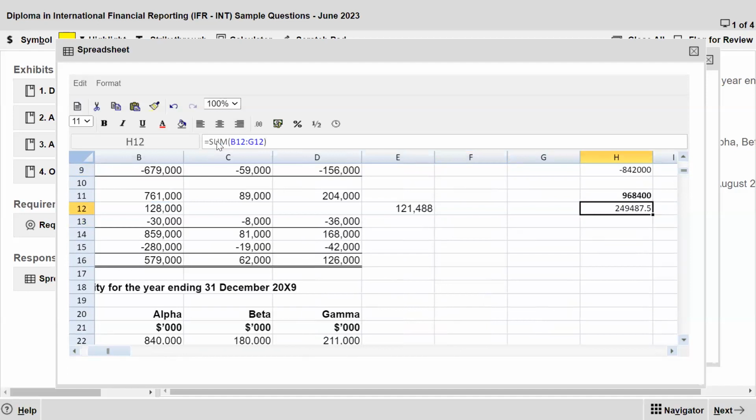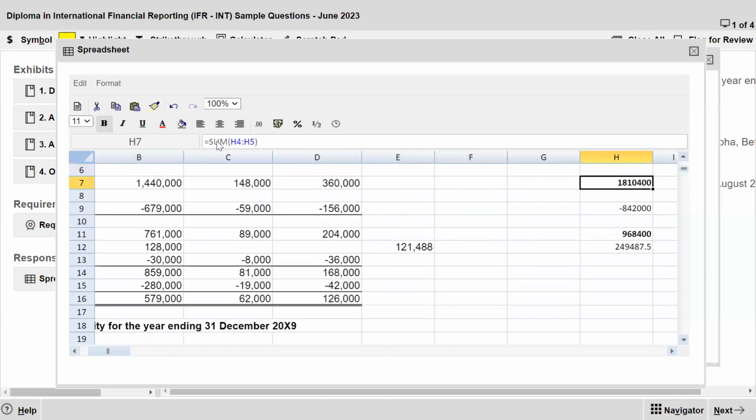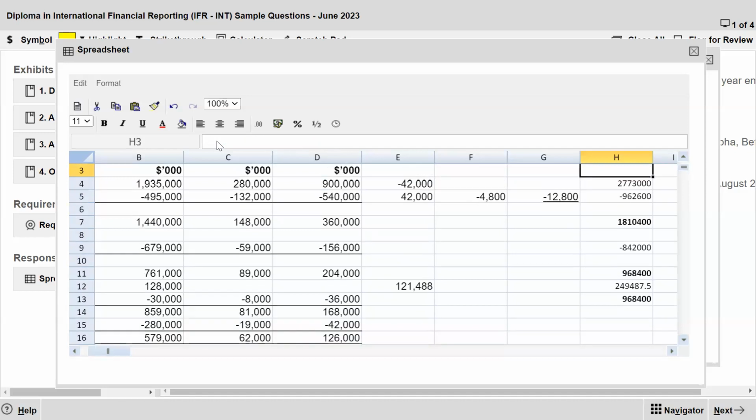And then we'll again copy this formula in here. Sorry, not this formula. This formula.